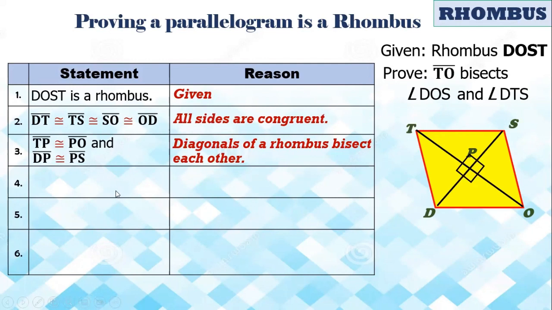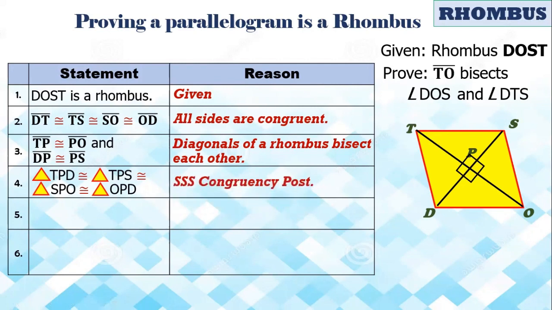All right. So we now have triangle DPT and triangle TPS are congruent, also congruent to triangle SPO, and of course congruent to triangle OPD. By what reason? Very good. It's the side-side-side congruence.